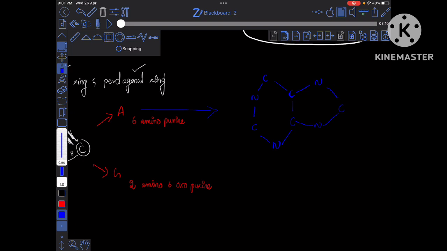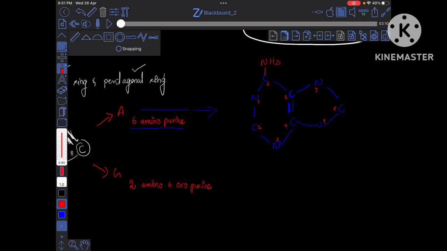So now the basic structure of purine is completed, and this double bond always exists, which you can draw. Before drawing the other alternate double bonds, you should fix the name, 6-amino purine. So start numbering the atoms: 1, 2, 3, 4, 5, 6, 7, 8, 9. Since it is 6-amino purine, add the amino group to the 6th carbon atom.